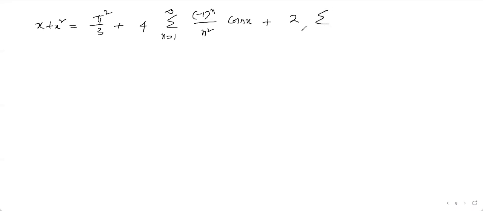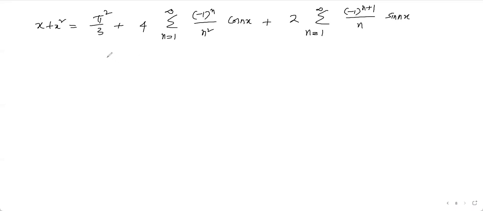So it is x squared plus x, summation pi square by 3 after simplifying, for summation n is equal to 1 to infinity minus 1 to the power of n by n square cos nx plus 2 times summation n is equal to 1 to infinity minus 1 to the power of n plus 1 by n sine nx.